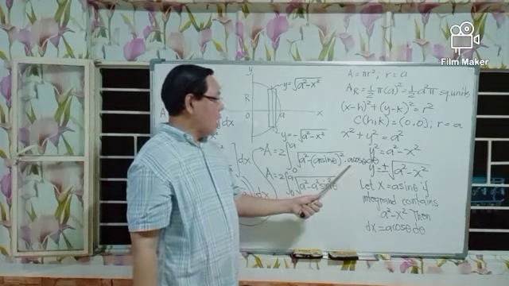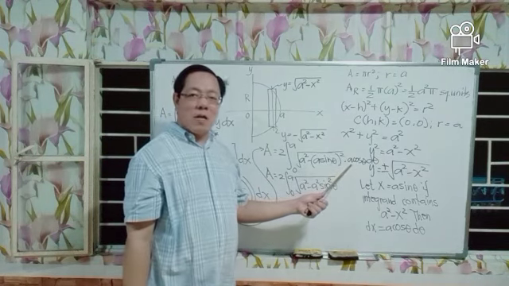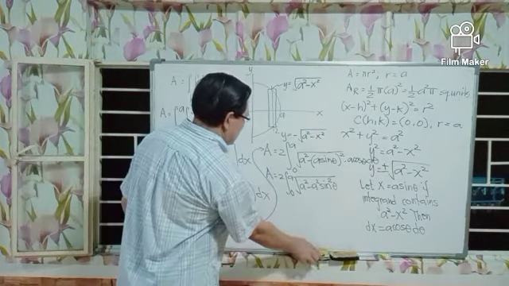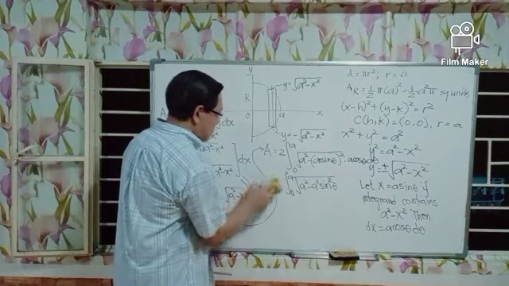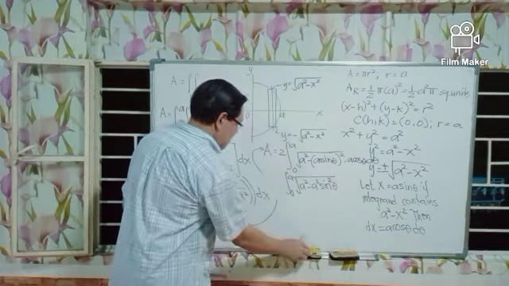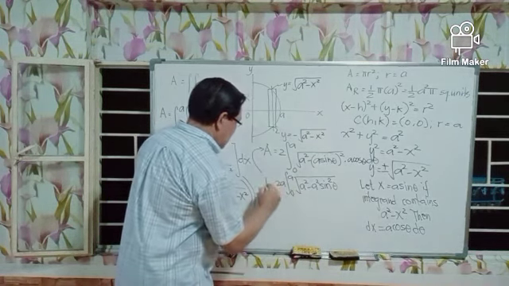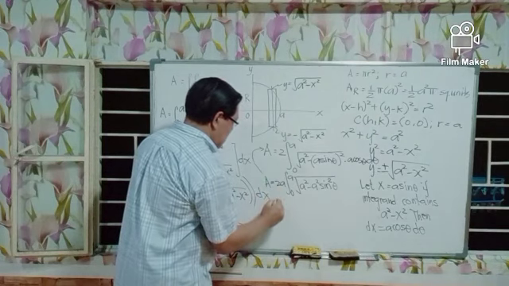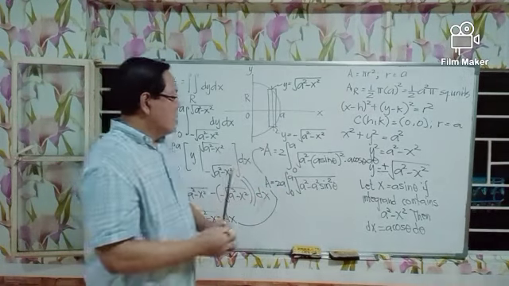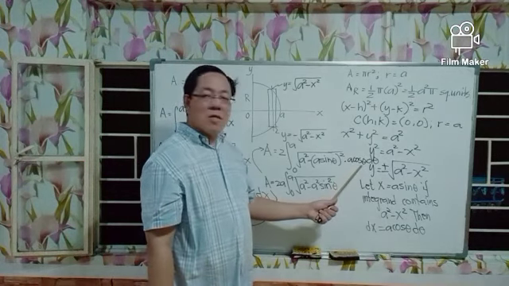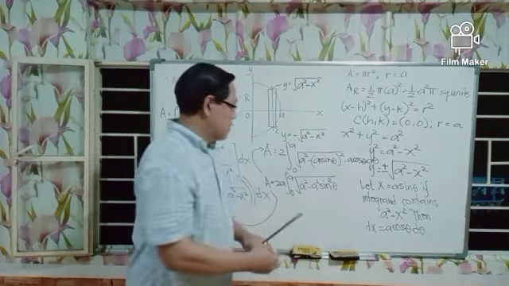Multiply by a. Again, a is a constant, so we multiply a by 2. And we now multiply this by cosine theta d theta.